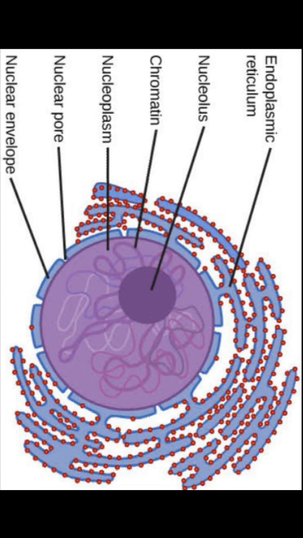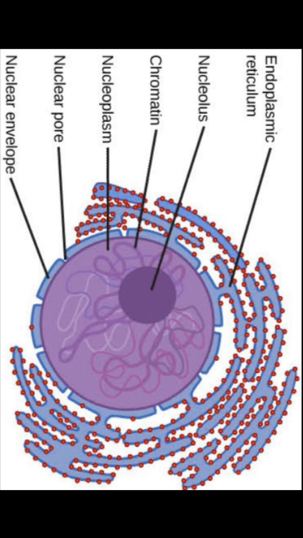You can also see the outer nuclear membrane and inner nuclear membrane, both together called the nuclear envelope, and the outer nuclear membrane is exclusively connected with the endoplasmic reticulum, especially the rough endoplasmic reticulum. Rough endoplasmic reticulum possesses ribosomes. These ribosomes are meant for synthesis of proteins. Hence, these ribosomes are also called protein factories.